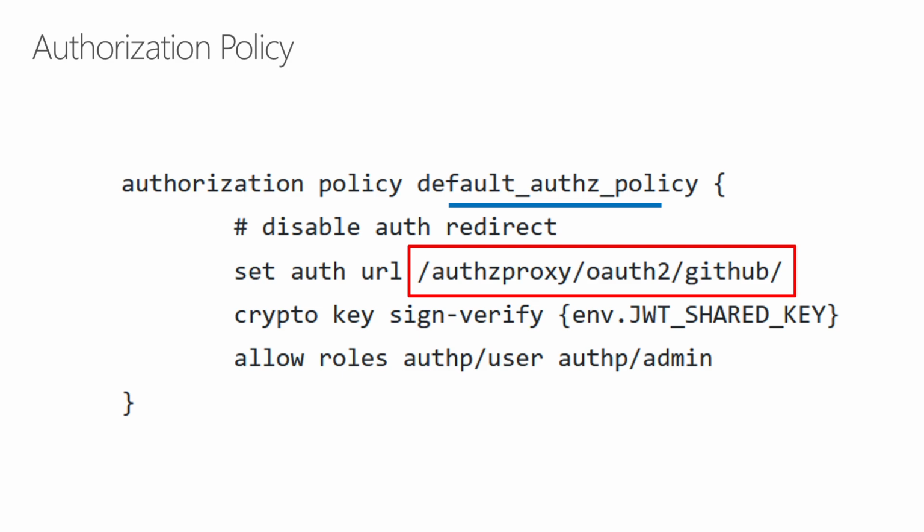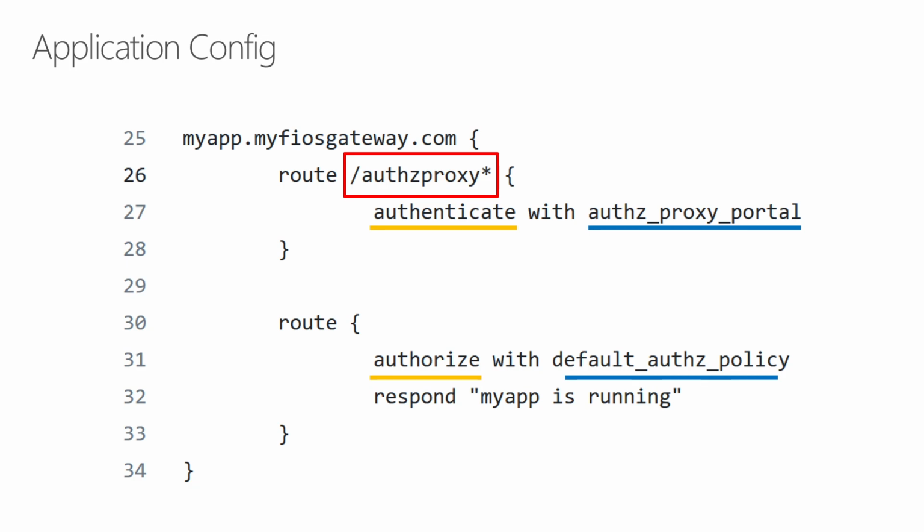Then they will be taken to GitHub to authenticate. Then they will be brought back to the portal, and then the portal will bring them back to the authorization endpoint. So we'll have my app. I have a route to authz proxy, and that's where I serve my authorization proxy portal.